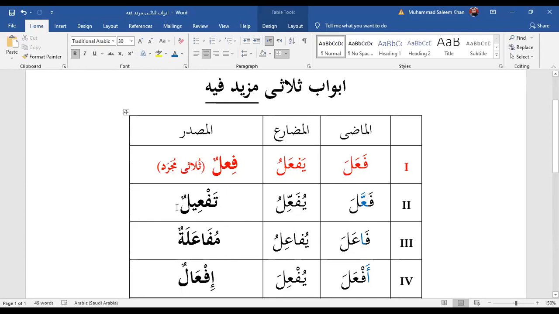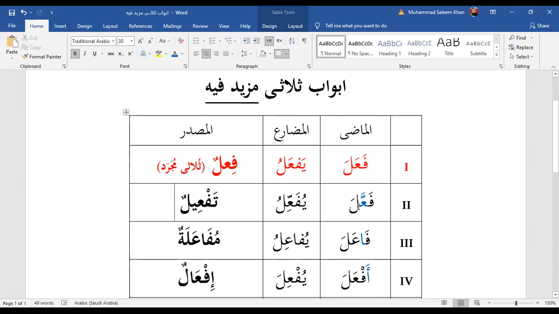As of now, we only need to know the mazid fi above their names. And then, as we discussed earlier, they have some specific characteristics. For example, why do we change a verb from fa'ala to fa'ala, and when it changes, what change takes place? Inshallah, these characteristics we will learn slowly but surely.